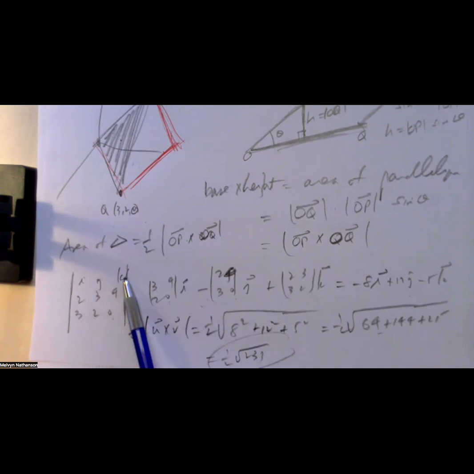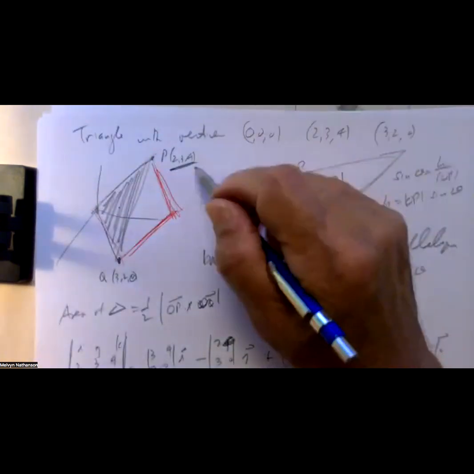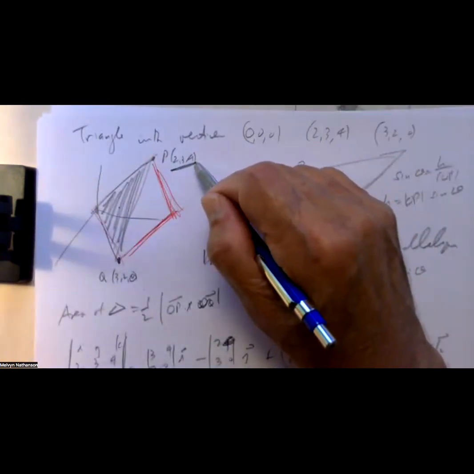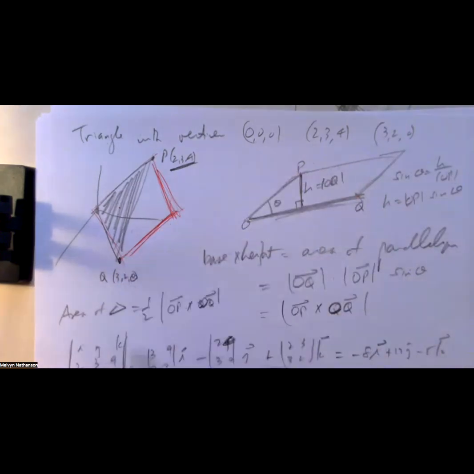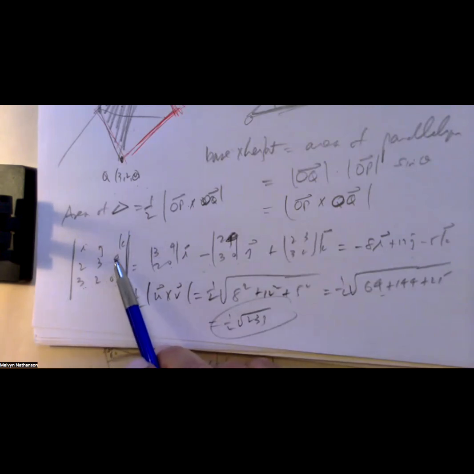You write down this 3 by 3 matrix. The first row are the unit vectors I, J, K. The second row, 2, 3, 4, that's the coordinates of one of the two vectors. The second vector, 3, 2, 0, gives you the coordinates for the third row. And the definition of the 3 by 3 determinant, or the rule you have to remember, is this is I times a certain scalar.